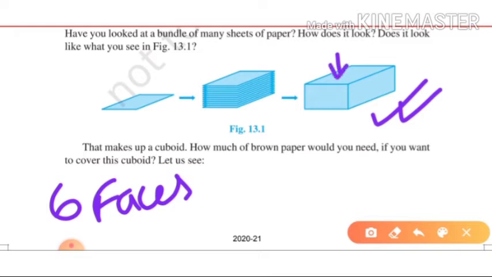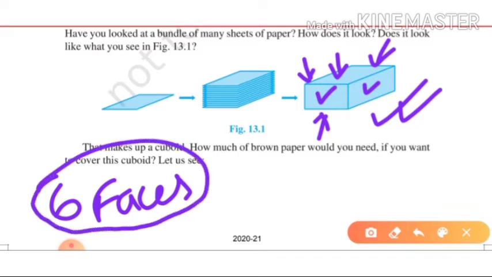This one is the first, this one the second, this one the third, behind it the fourth, below it the fifth, and the one behind is the sixth. You can take any box and check the faces yourself. Okay, 6 faces we have.